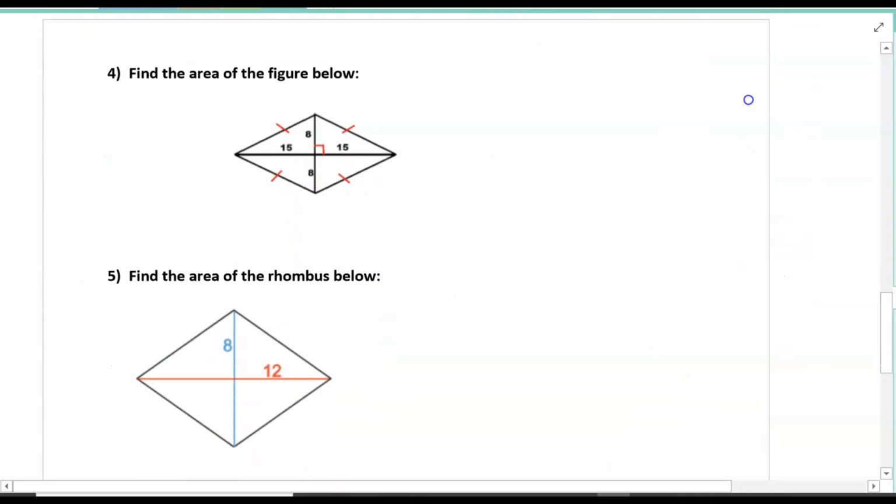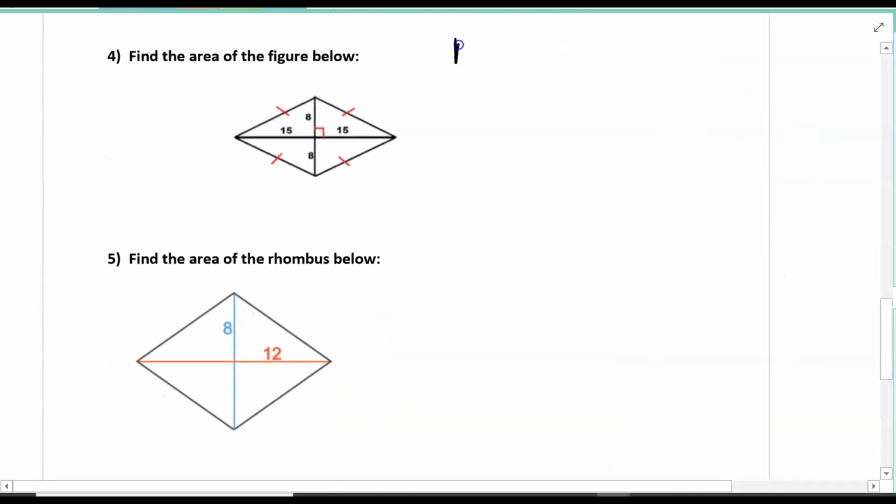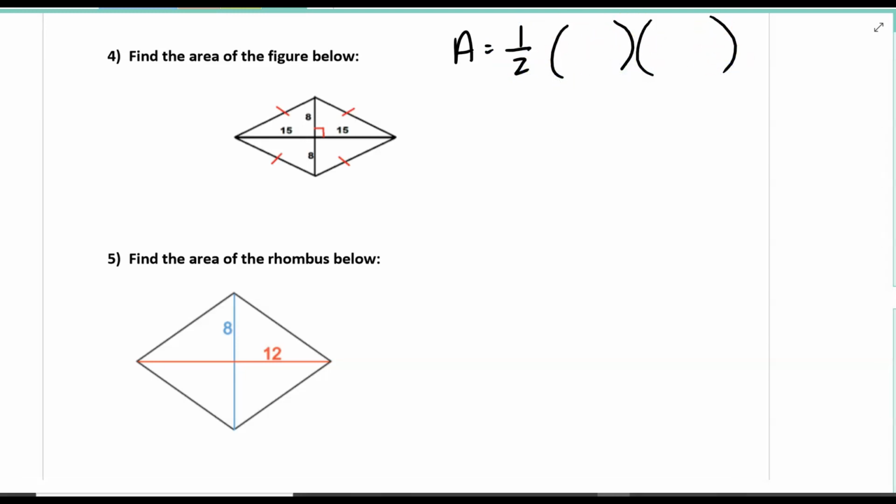Now we use that formula again. Area equals 1/2 times one diagonal times the other diagonal. We're dealing with a rhombus here, and I can tell it's a rhombus because both diagonals are bisected, which means it's a parallelogram. All 4 of the outside sides being congruent confirms that that parallelogram is a rhombus.